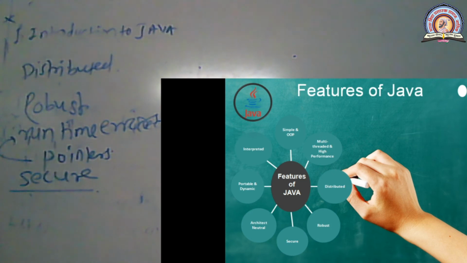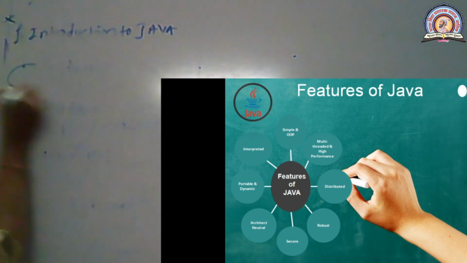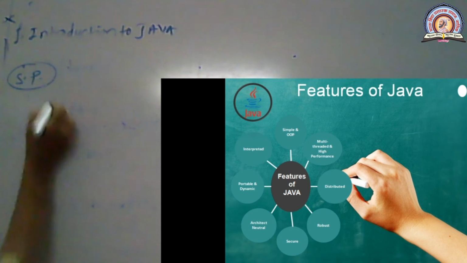Then Java programs are architectural neutral. We have discussed in a previous topic that the Java language is a portable language. A source program is written in Java. Then it is given to the compiler.